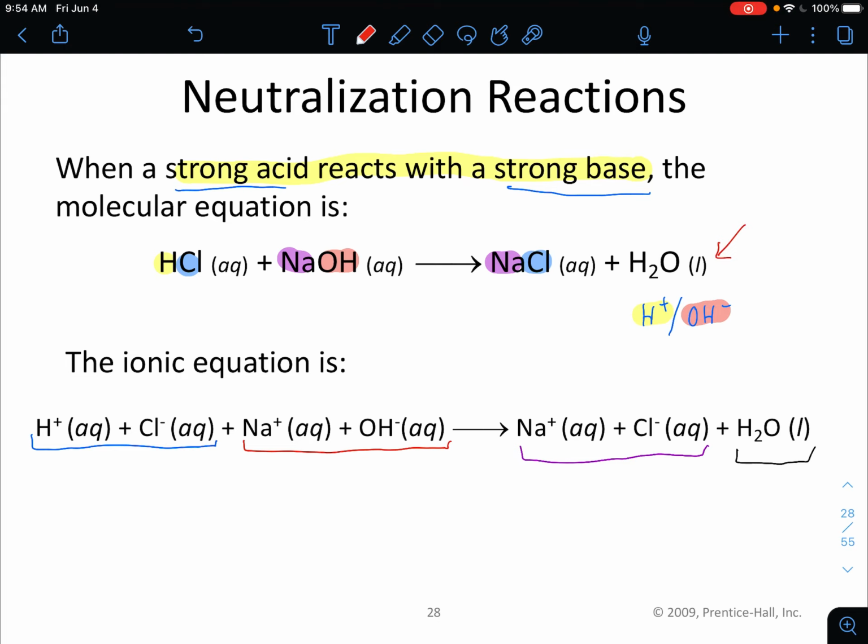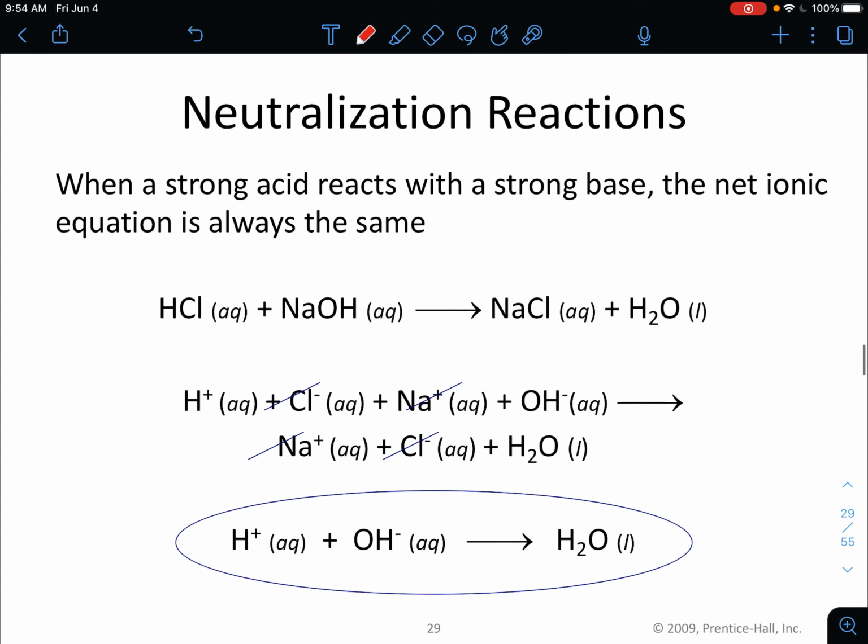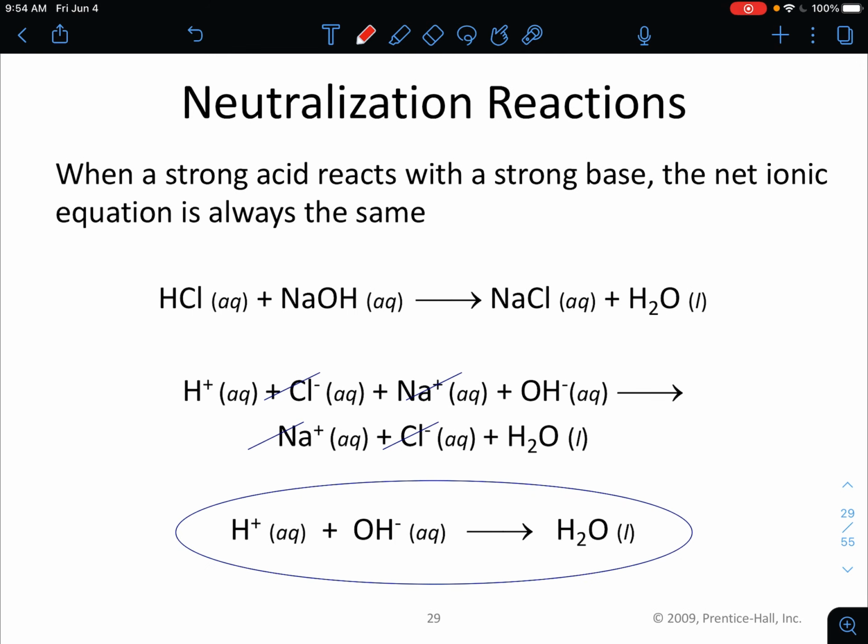So you may remember from here, after we turn the molecular equation into the ionic equation, we look for the spectator ions and cancel them out to get to the most important part of the reaction. And when we do that, you can see the chloride and sodium on each side. Those end up being our spectator ions, so they cancel out, and that effectively just leaves us with the important part of the reaction, which is the H plus reacting with hydroxide.